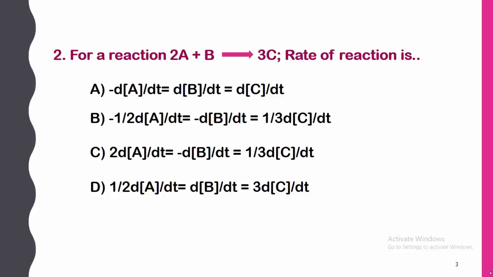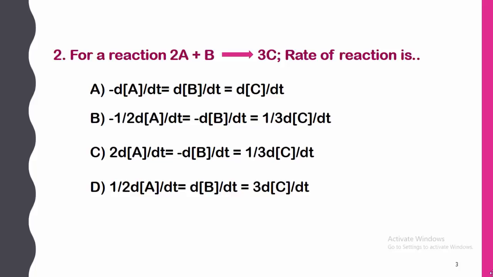Among the options, only two have B in the negative sign, minus dA upon dt and minus dB upon dt. Very important, the product concentration is increasing, so it is on the positive side. One more thing: stoichiometric amounts of reactants, A and B, are always written in the denominator.